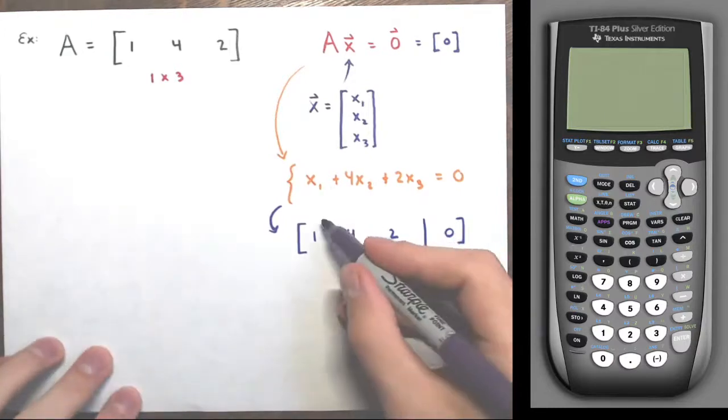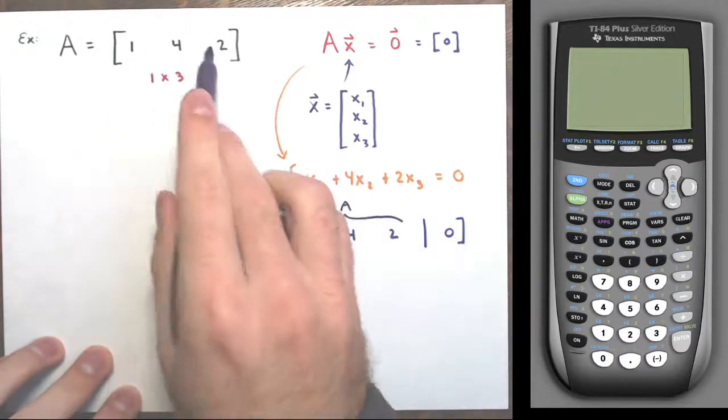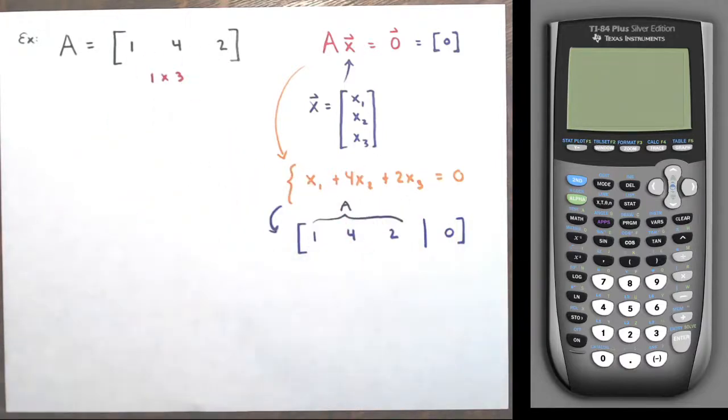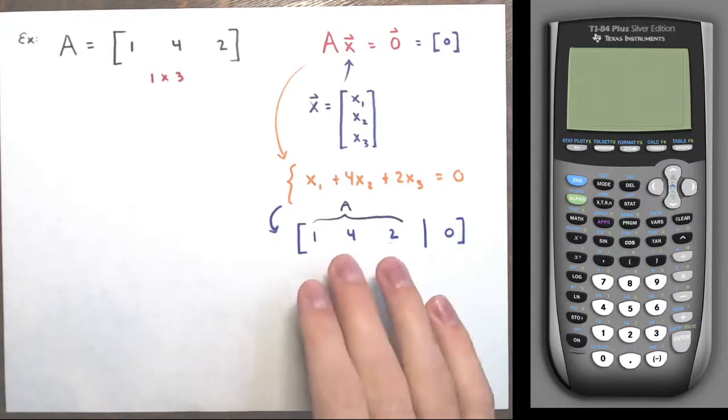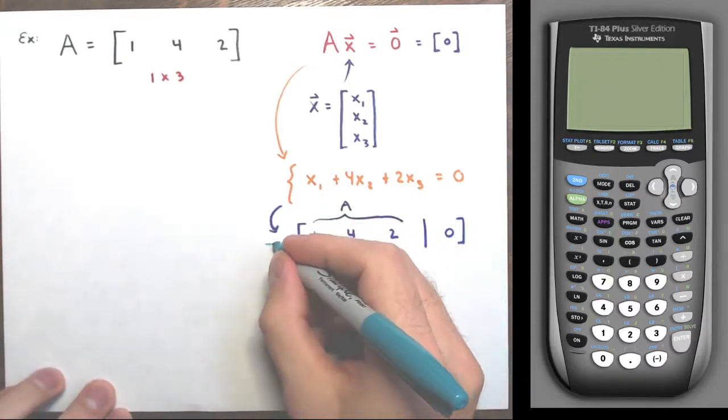Because that's all this side of the bar is, matrix A. All right, 1, 4, 2 there, 1, 4, 2. And then I do row operations to put this in reduced echelon form, which it already is. All right, that's why I said this one's probably a little simpler.